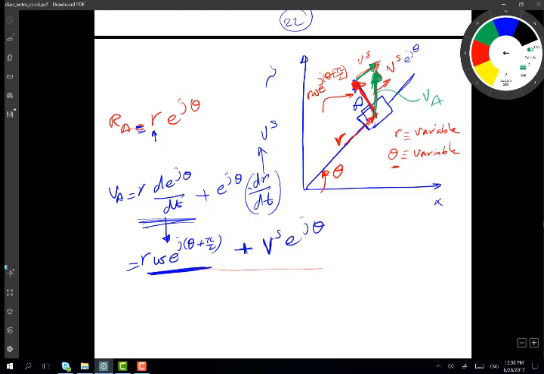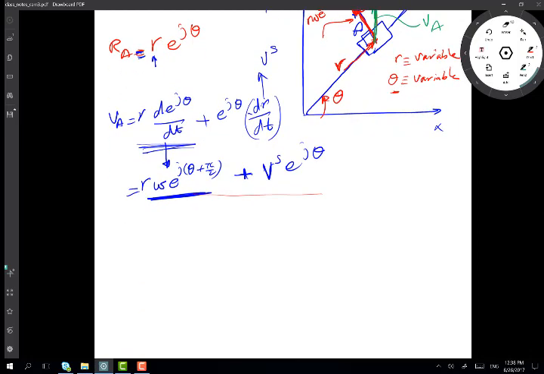So this here is the sliding velocity term, and I have a sliding velocity term appearing in my calculations.